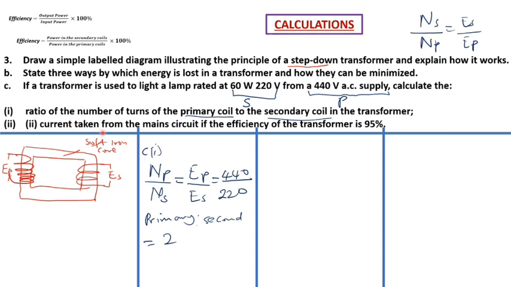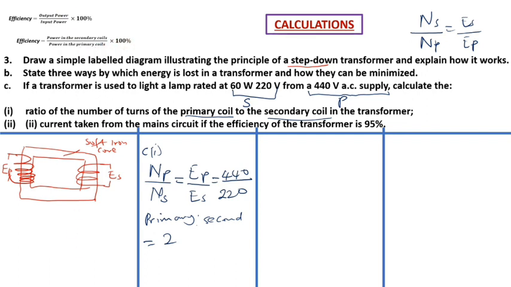Current taken from the mains circuit if the efficiency of the transformer is 95%. So here we're going to use the efficiency formula, either power output over power input times 100%, or efficiency equal to power in the secondary coil over power in the primary coil times 100%. So we'll just use any one of that.